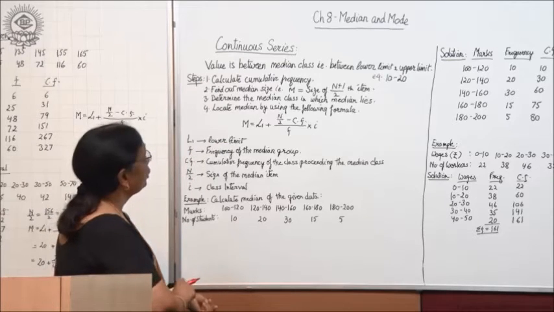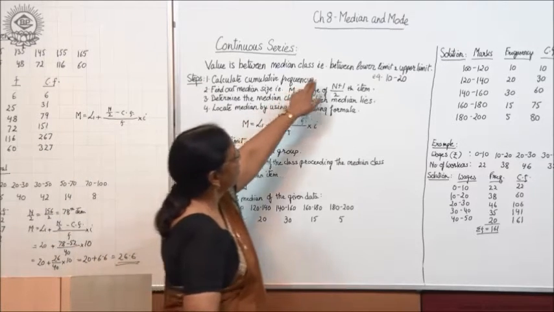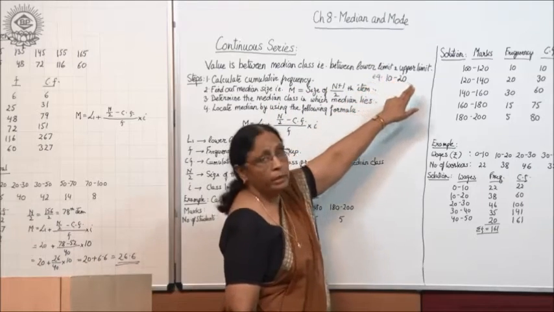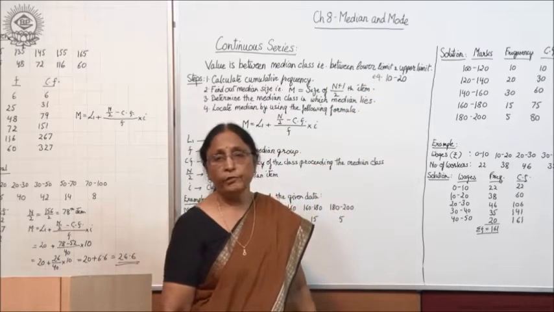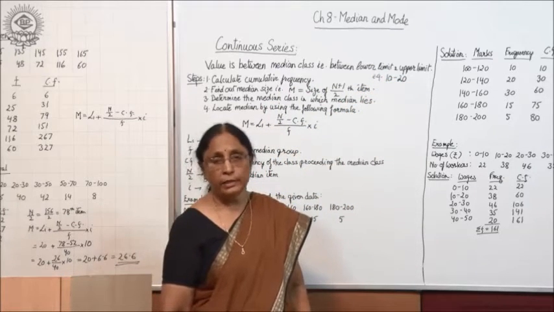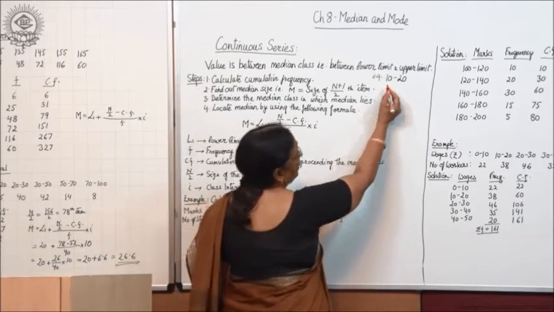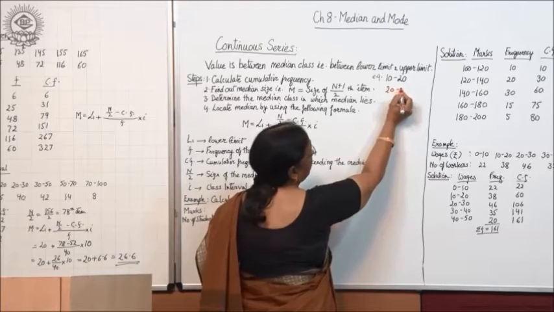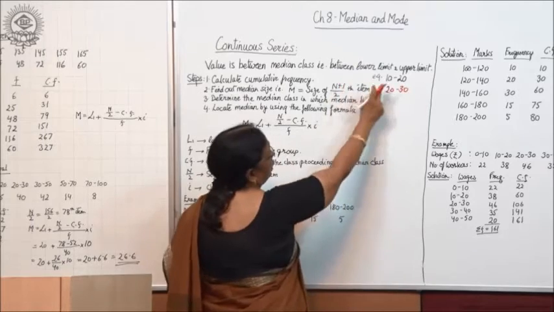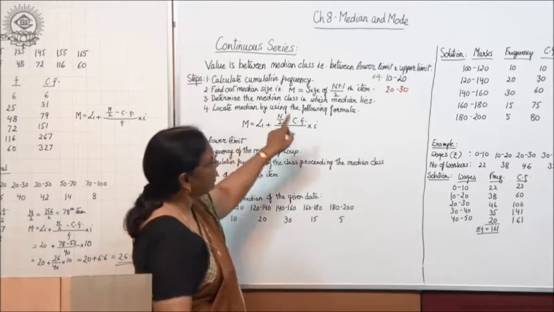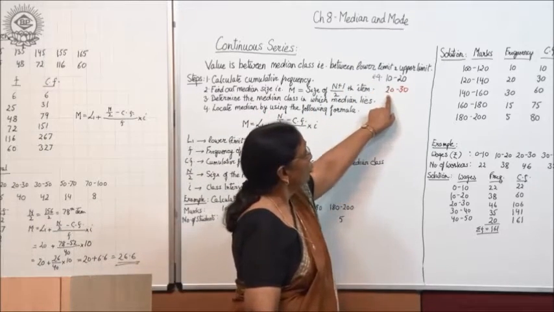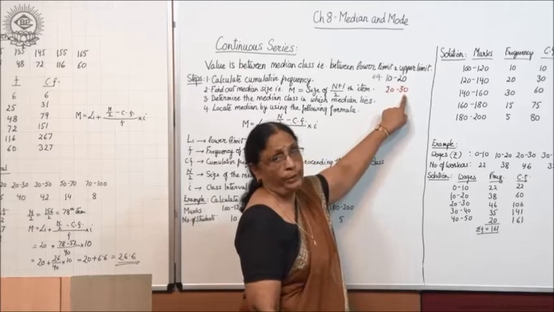Median is the value in between the median class, that is between the lower limit and the upper limit. In the continuous series there is a class interval, for example 10 to 20, 20 to 30, and so on. So the median lies between the lower limit and the upper limit.